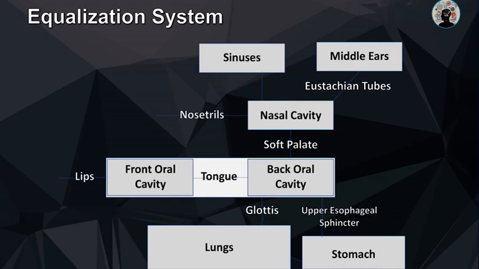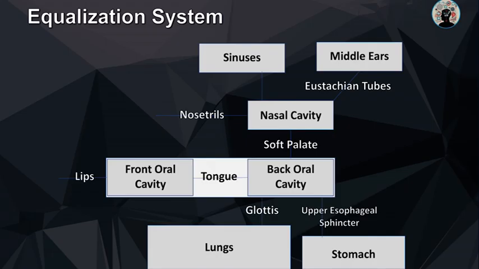Then, from the nasal cavity, we go to the sinus without any valve, because it is just a connection that in a normal situation is constantly open. Only if you have a cold or too much mucus, sometimes you need to do something active to equalize the sinus. If not, normally we don't realize that we do it, because it's just an open connection. From the nasal cavity, we have access to the middle ears through the Eustachian tubes.